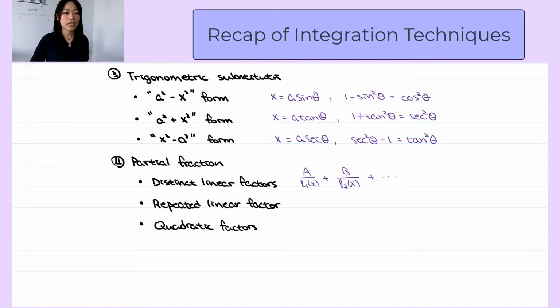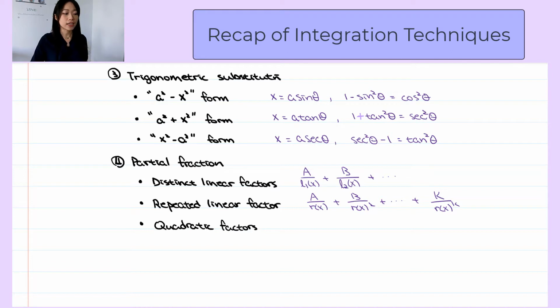The second case is when we have a repeated linear factor in the denominator. And the decomposition for that is some constant over the repeated factor plus another constant over the repeated factor squared, until you have the repeated factor to the power of k.